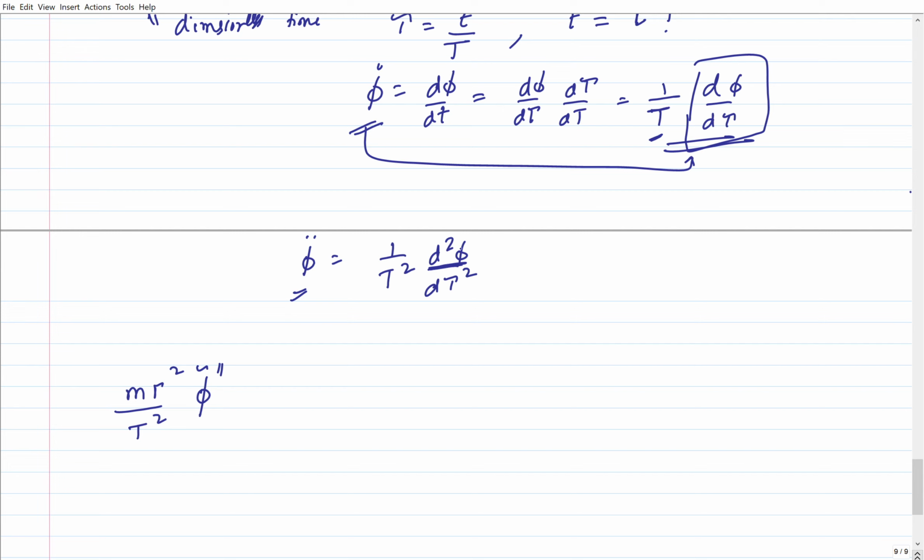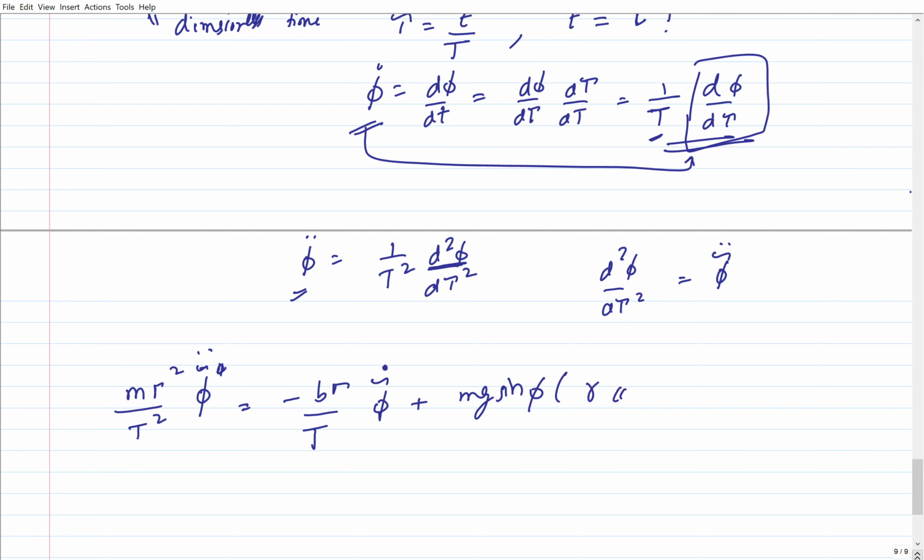I am representing d square phi by d tau square as, let's say, phi dot dot. Phi dot dot equals to minus b r upon T, similarly phi dot, plus m g sine phi gamma cosine phi minus 1.